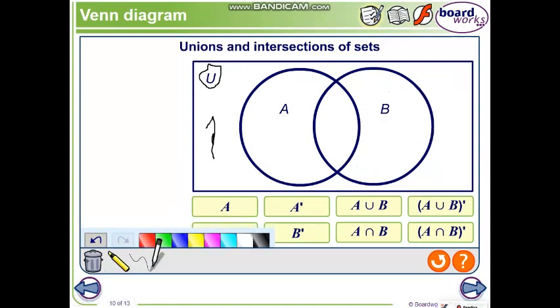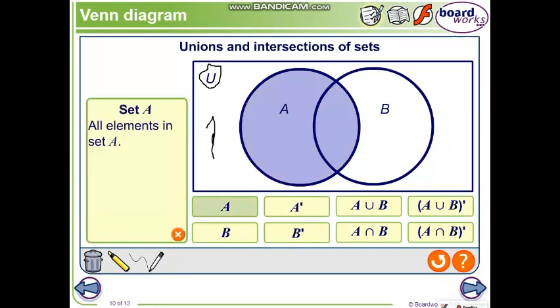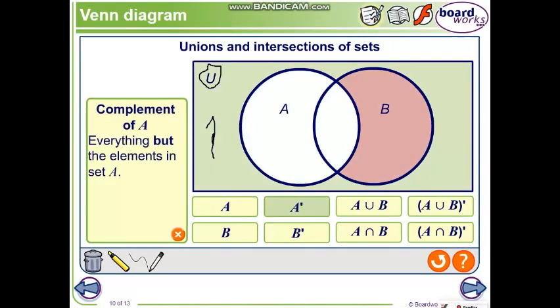And if A and B have an intersection, dito nyo ilagay sa gitna. Okay? So, whenever we have A, ito lang siya. For A complement, ito.